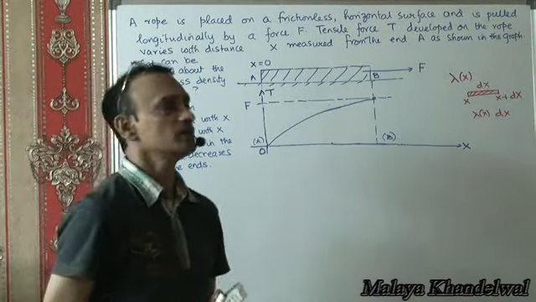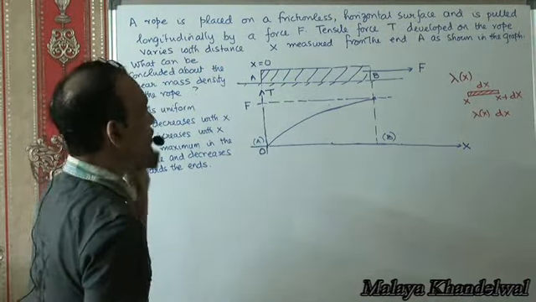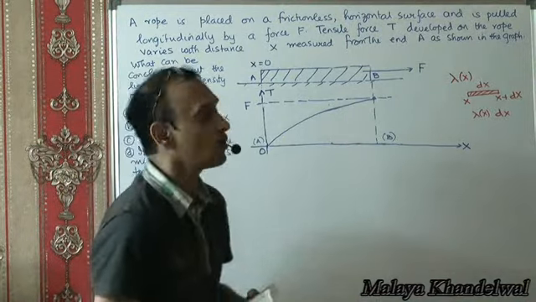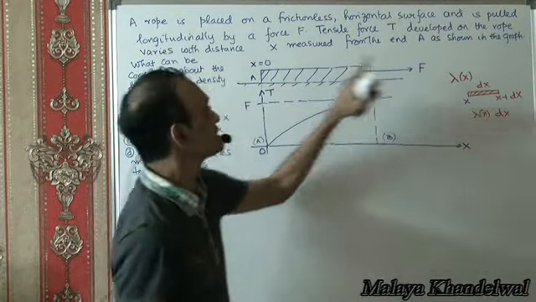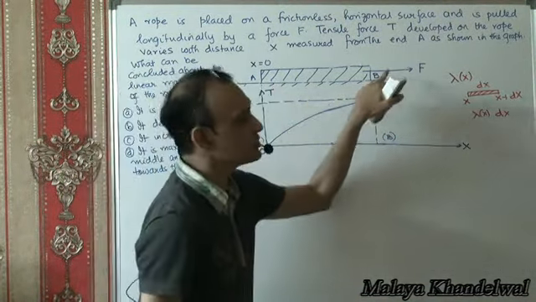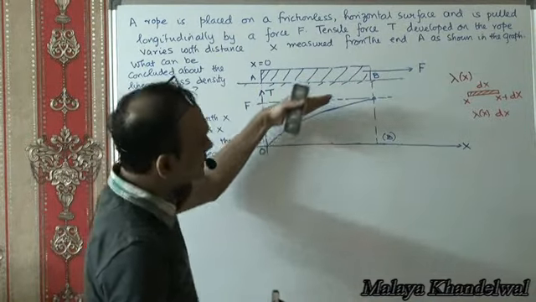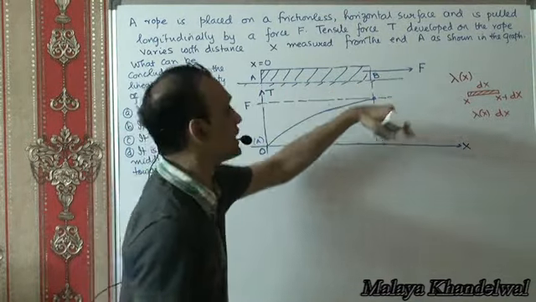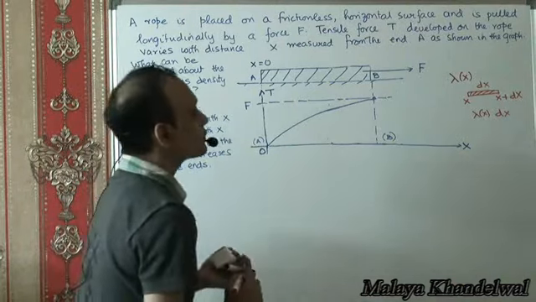Now, what is it that we need to do? We need to make a remark on the linear mass density starting from x equal to 0 to this point, given that this is the tension that develops in the rope as a function of x.